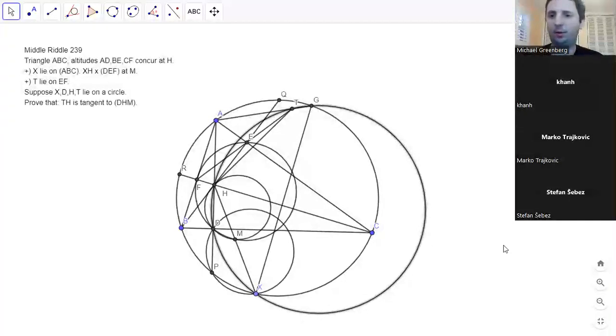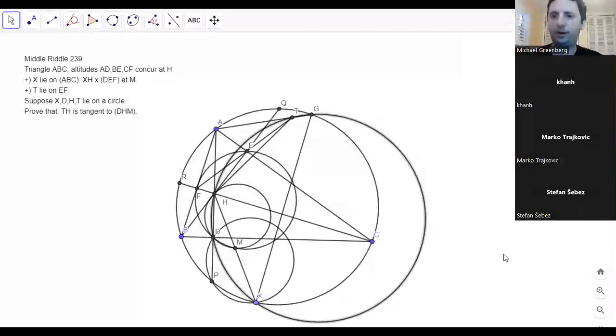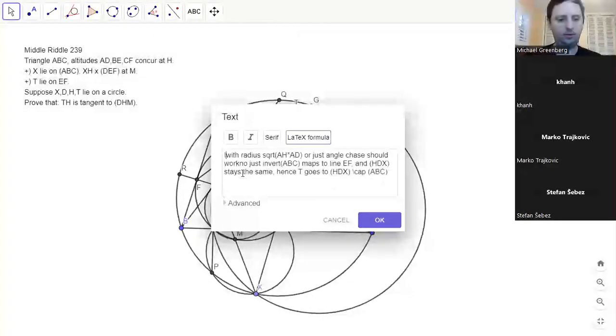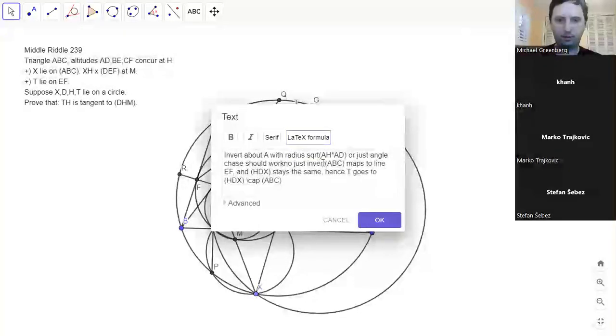All right, so I'm going to copy a lot of what you put. Invert about A, radius. ABC maps to line EF. ACF stays the same. All right.